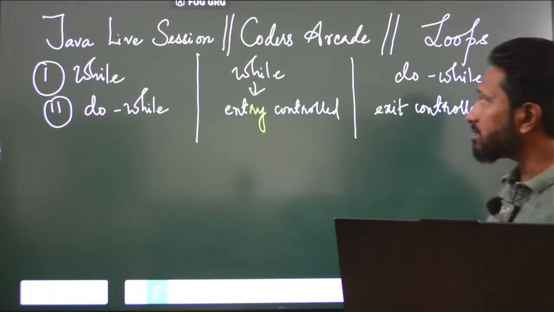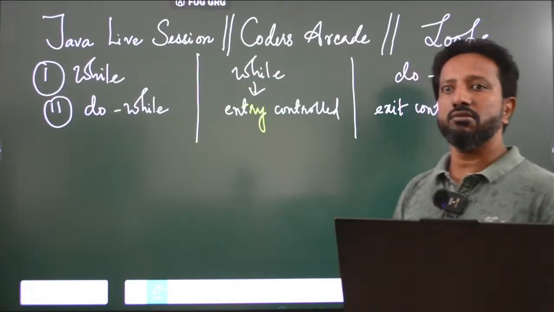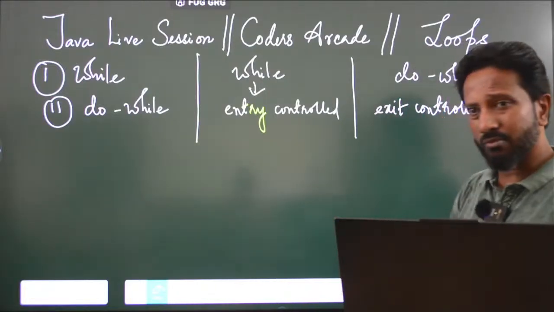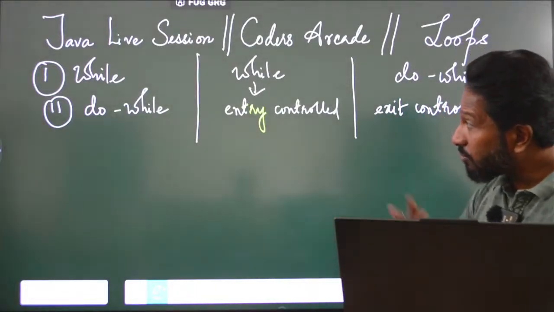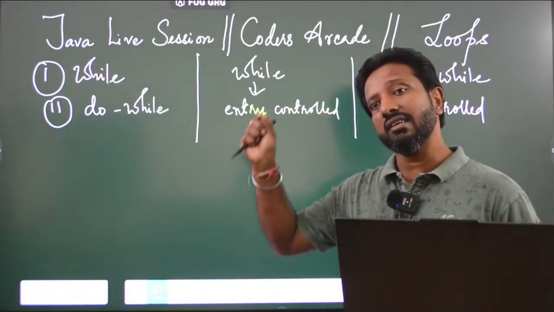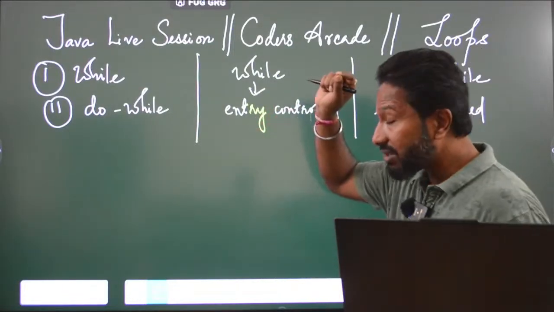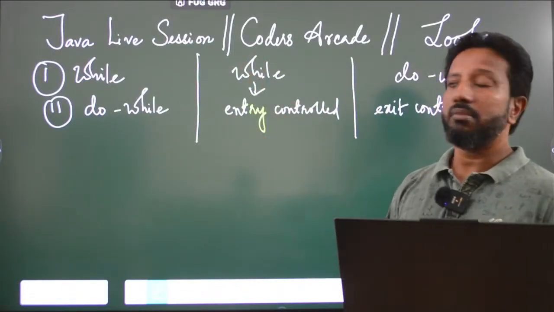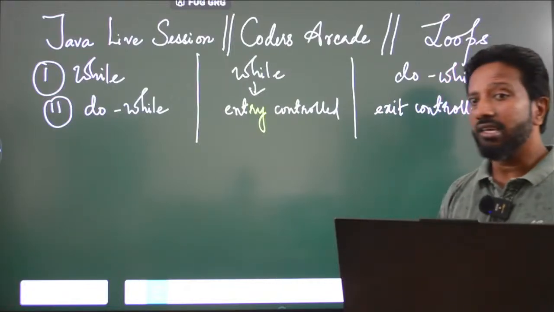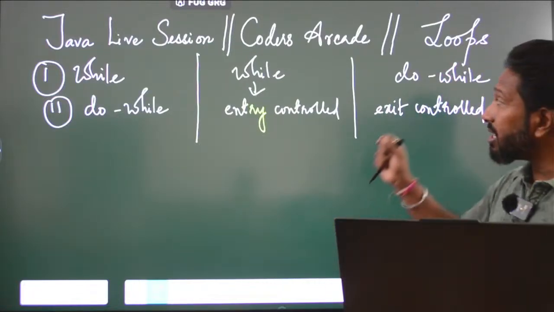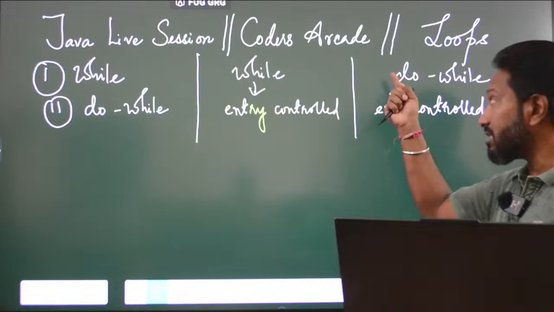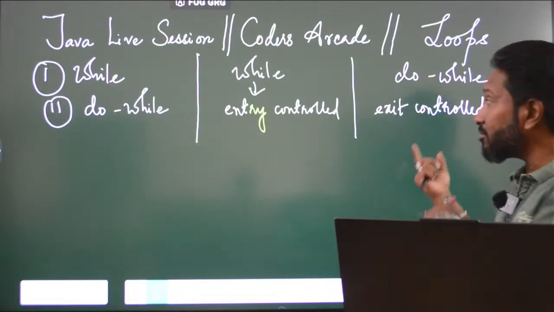This is the most important difference between the two. In the while loop, if the condition is false, it will not even enter that loop. But in the do while loop, even if the condition is false, it will at least execute once the statements given in the block. After that it will check the condition.